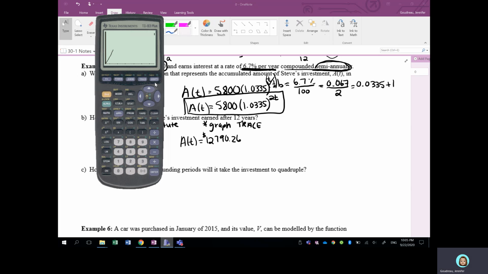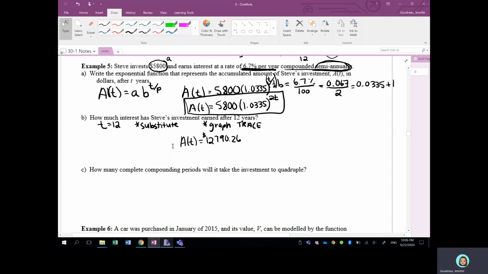And then now there's our exponential function. And so we're going to hit trace and put in the given X value, which is 12. And we should get the same Y value, 12,790 and 26 cents. Okay. Oh, is it 26 or 27? Let's go back here. Oh, yeah, it's going to be 26. So just be careful there of the rounding.